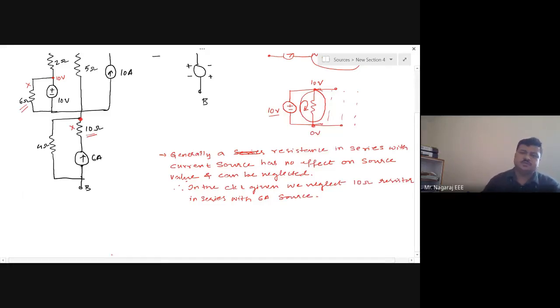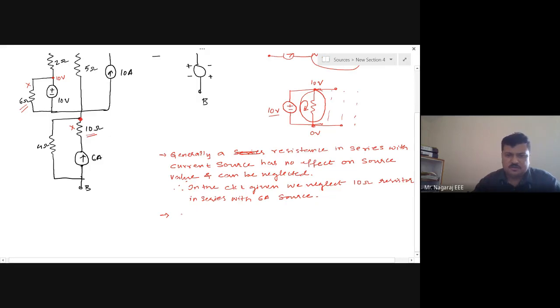This is one case. Second case, like I explained, a resistor in parallel with a voltage source has no effect on the node voltage. You can observe the 6 ohm is in parallel with 10 volts and it has got no effect on this node voltage. Hence, it can also be neglected.